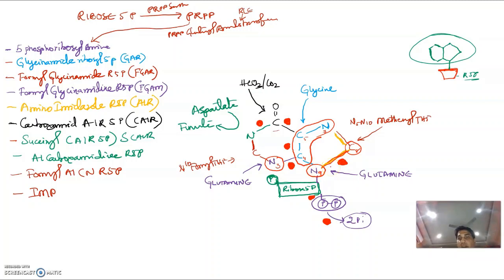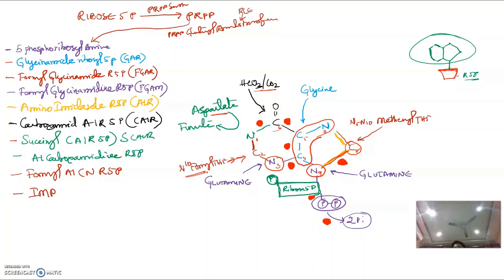Now after that, AIR carboxylase, or aminoimidazole ribosyl 5-phosphate carboxylase, will add the C6 carbon from bicarbonate or carbon dioxide. Next, N1 is added from aspartate and C2 is added from another folic acid.